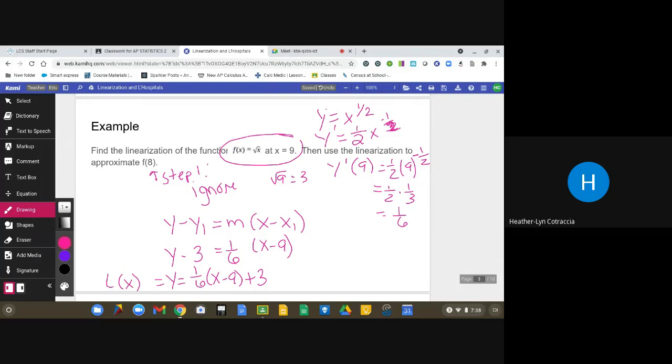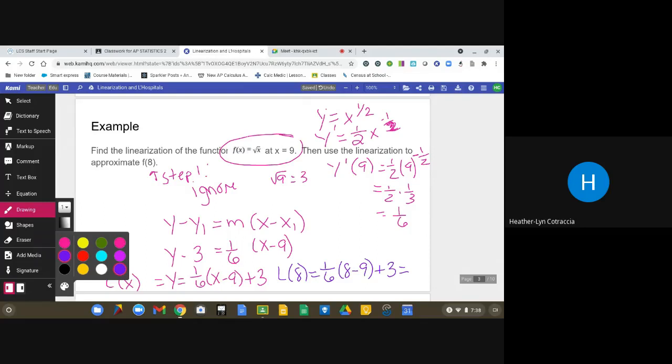Okay, now what we need to do is approximate f of 8, which is really like saying approximate L of 8. Notice 8 is very close to 9. So 1/6 times 8 minus 9 plus 3, and that will be equal to 8 minus 9 is negative 1.